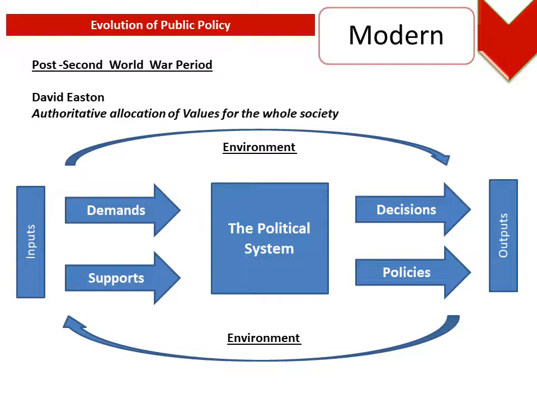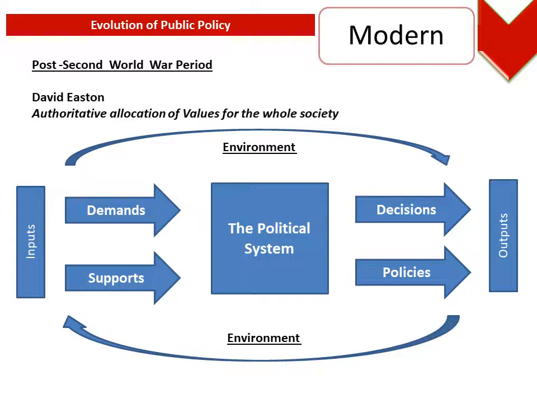So the decisions and policies are the outputs of the political system. When the outputs come out of the political system, there will be beneficiaries, and their responses may be their support to the government. So again, this feedback comes as inputs to the government, and sometimes they demand more.